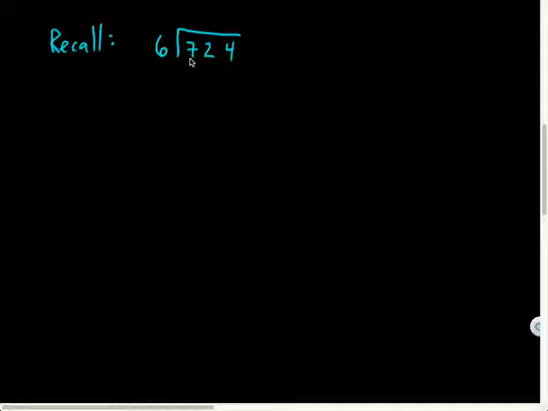Does anyone remember how to do this? It turns out there's a process, a 4-step process that repeats. The first step in long division is you divide. The next step is you multiply. Then subtract. Then bring down.